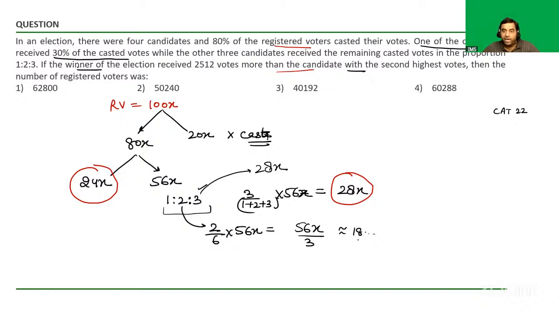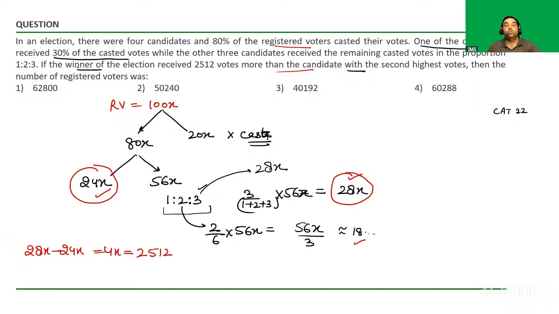That is why I stated whether it is 18.34 or 18.66, I'm least bothered, because this is the person who stood third. The difference between the winner and the second highest is 28x minus 24x, which is 4x, which they have given as 2512.